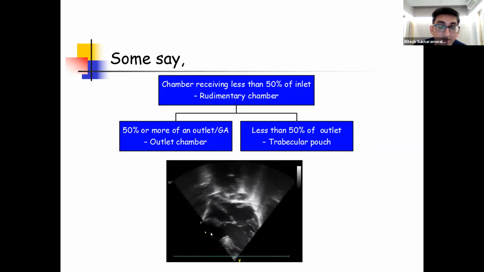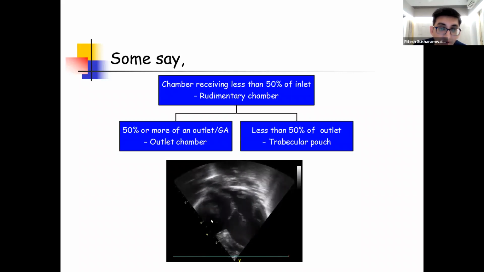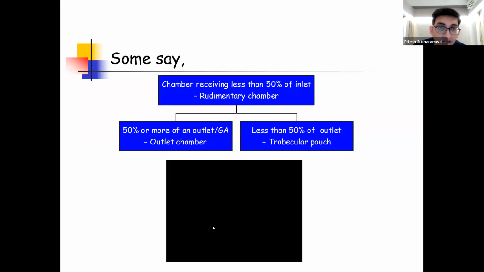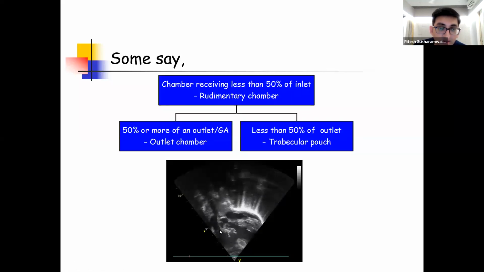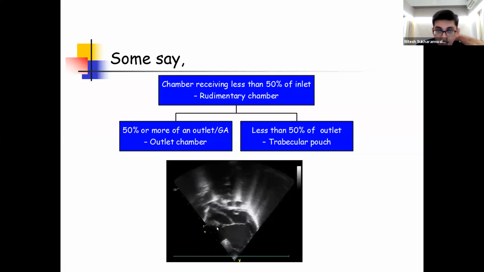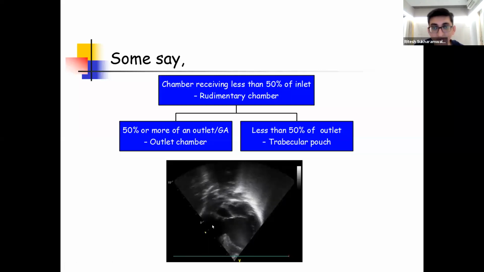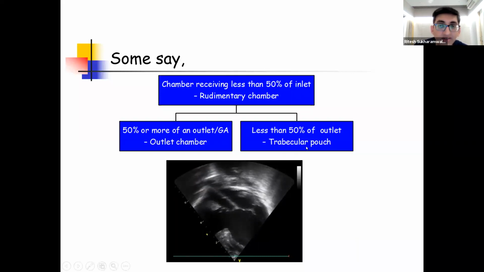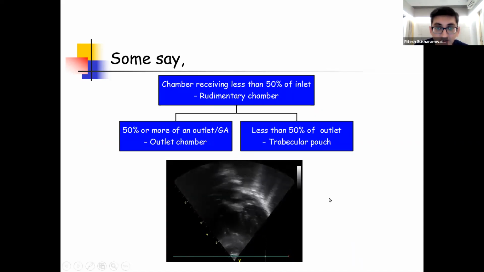But this rudimentary chamber is having more than 50% of the outflow, and hence it is qualified as an outlet chamber. You have an outlet, so this is known as a rudimentary chamber and outlet chamber. But if there were no outlet, then it would be qualified as a trabecular pouch. These types of ventricles are seen in more complex heart disease.